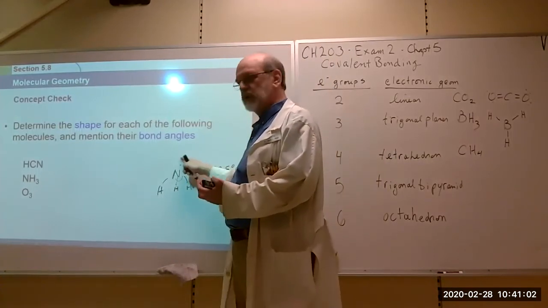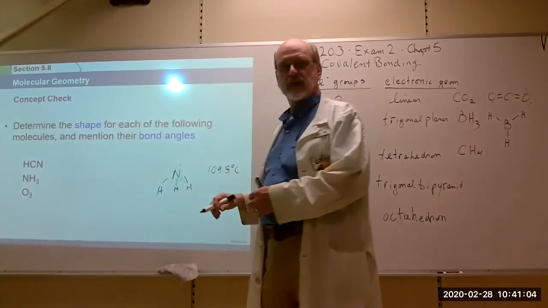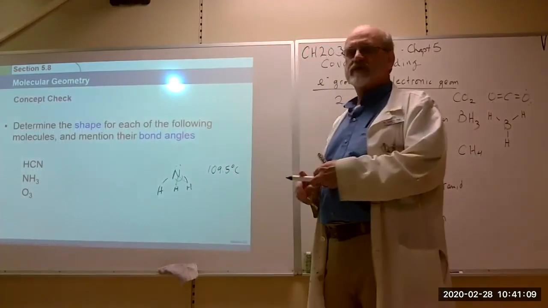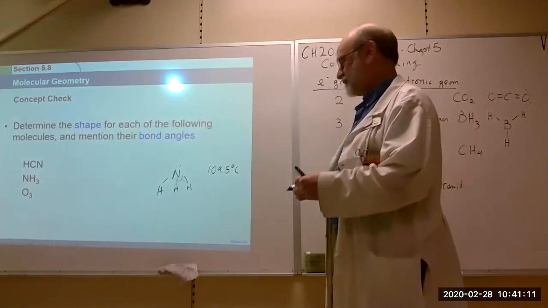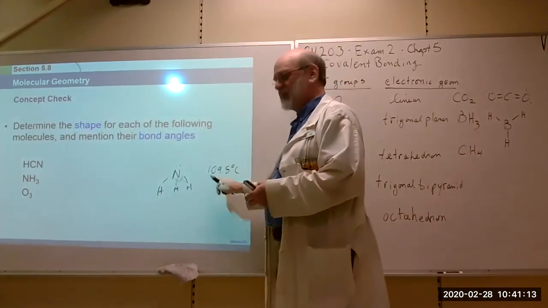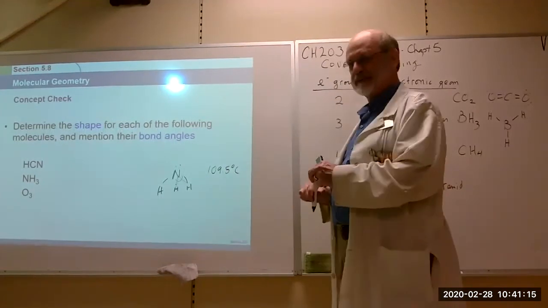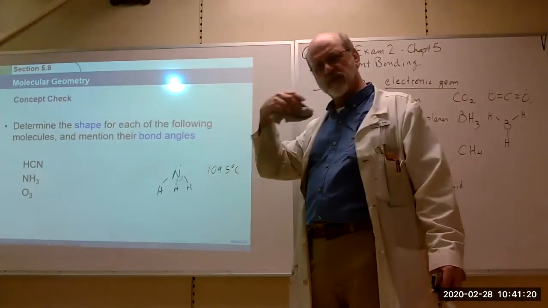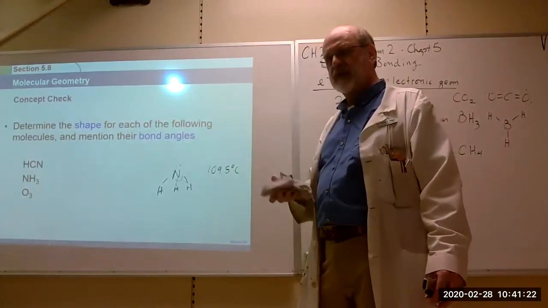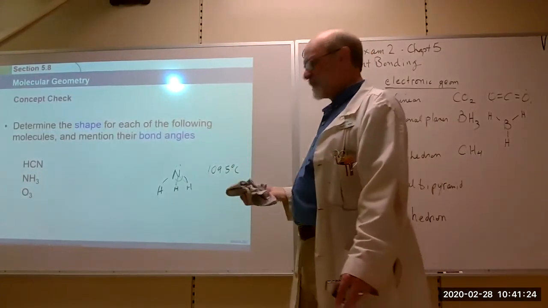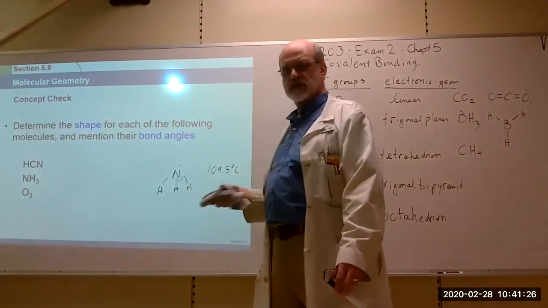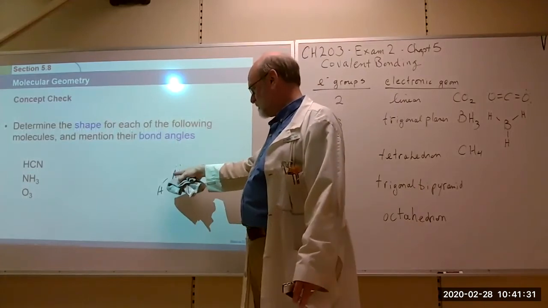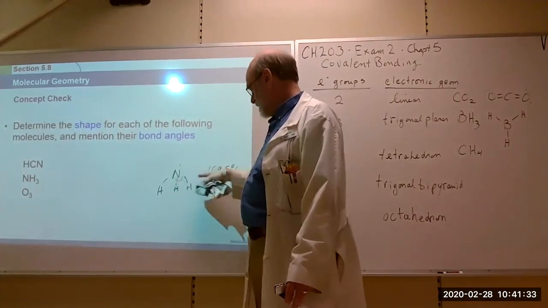But since we've got this ballooning pair up here, it's going to be less than 109, maybe 105 or something like that. But if the question is asked on a test, I know that's what you're wondering. 109.5. The rest of them are logical. I mean, you can figure it from your experience with geometry. But this one is a little more difficult to do, so just memorize that one. The bond angles in a tetrahedron with the central atom are 109.5.